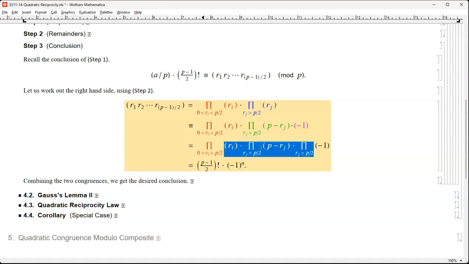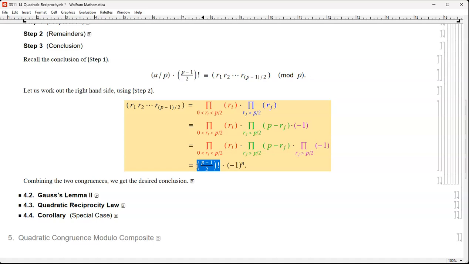And this green here, p minus R_j, versus all the R_i's, well, they're all just permuting 1, 2, 3, 4, 5, 6 up to (p minus 1) over 2. And then we have a bunch of negative 1s multiplied. So we have a factorial because ordering does not matter anymore.